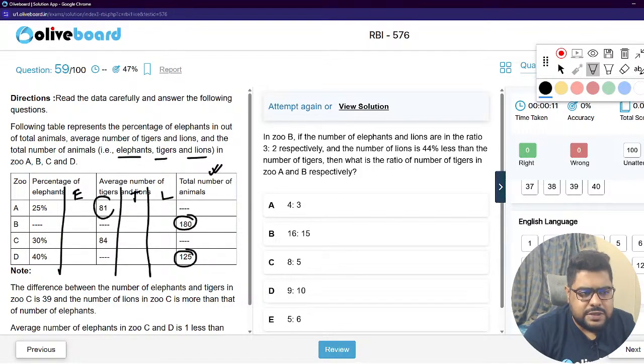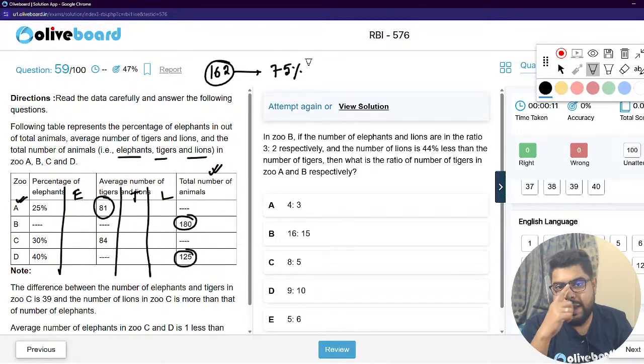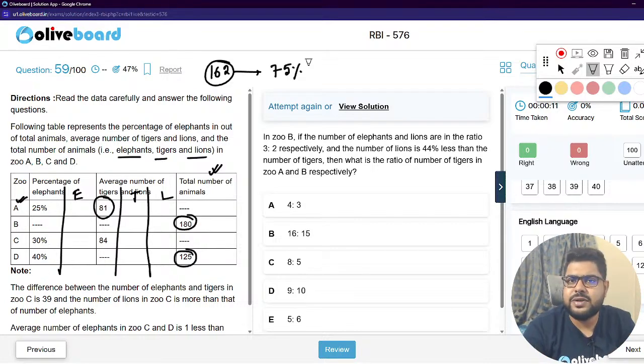So for zoo A, the total is 81 into 2, that is 162. This is total lions plus total tigers. Now 25% elephants means this 162 consists of 75%, because lions and tigers together will consist of 75%.